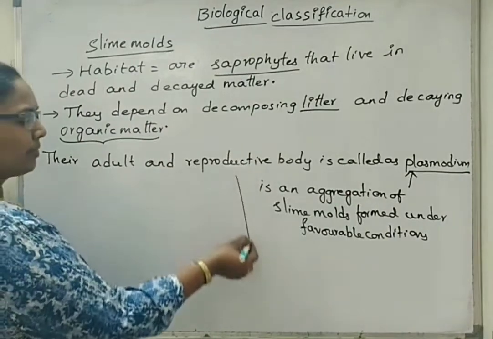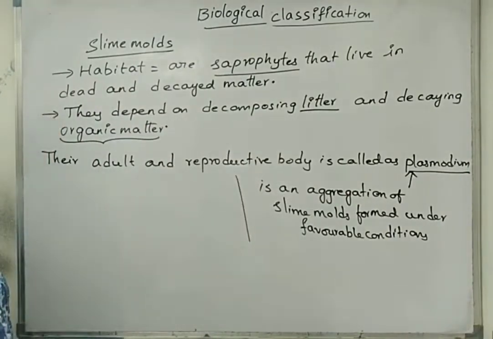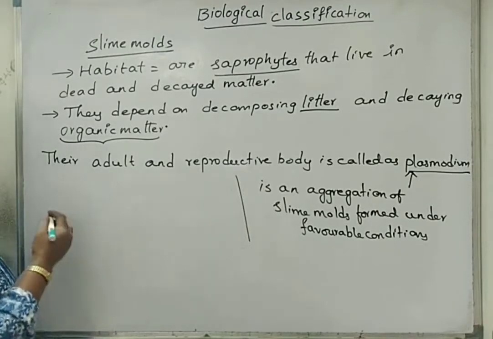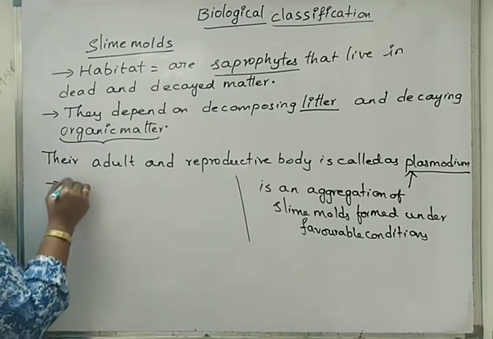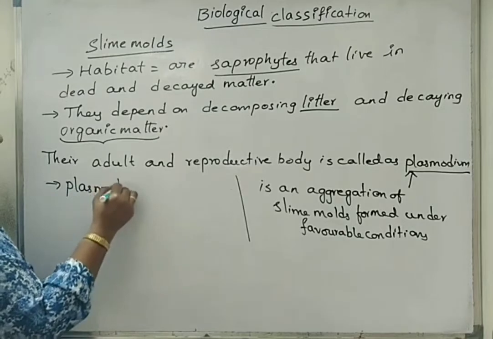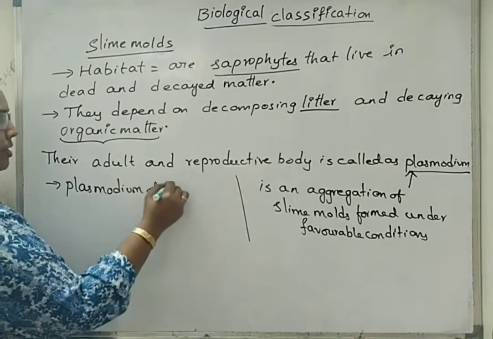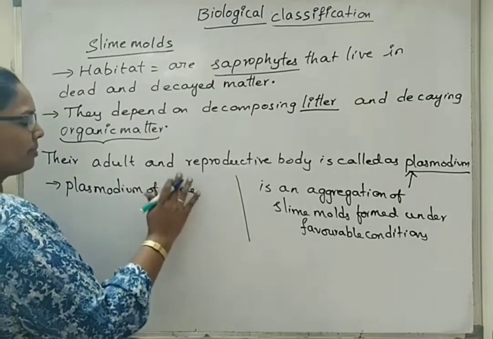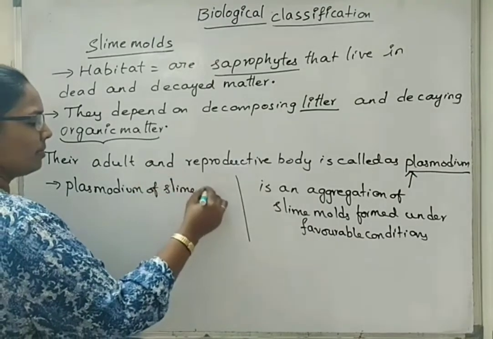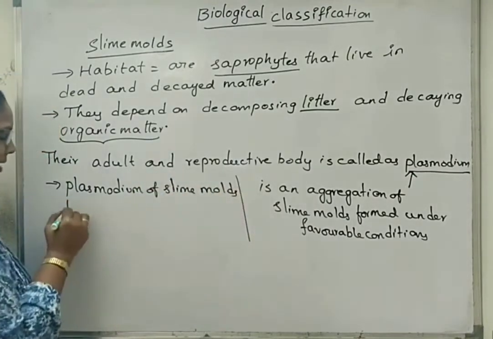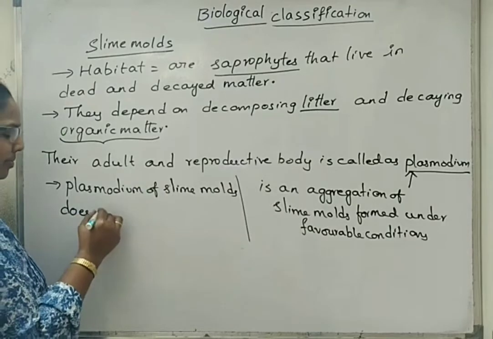This plasmodium gets its nutrition by absorbing organic matter from the decaying matter. Plasmodium of slime molds does not have a true cell wall.